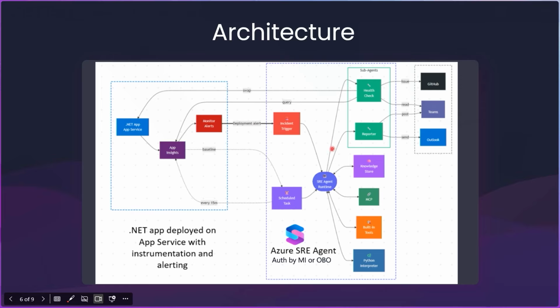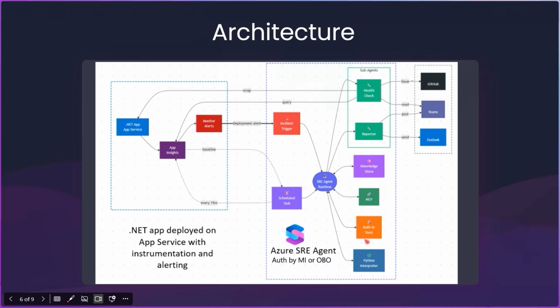In the middle is where the crux of the demo lies. We have the Azure SRE agent. It's powered by this agent runtime. This runtime is the main orchestrator for everything SRE agent. It connects all the tools, the data sources, the knowledge store, and can be triggered at will. How this works is the agent runtime has access to tools.